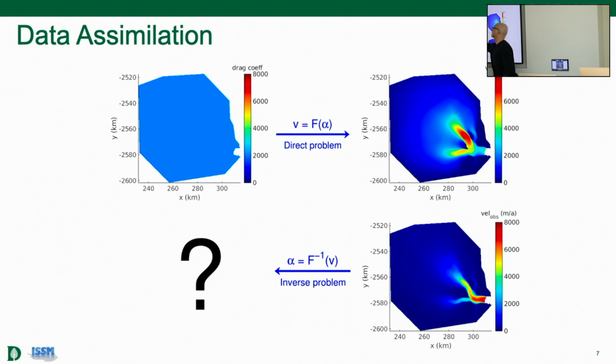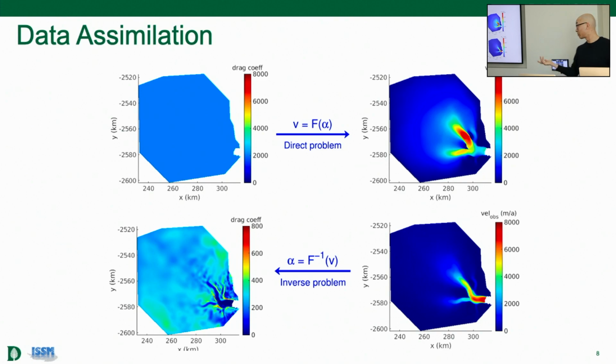We can just prescribe a basal drag or friction condition, and then solve for the ice velocity. But it doesn't really look like what we observed here. So then we need to do an inverse problem, which is a standard PDE-constrained optimization problem, to get a basal drag coefficient or friction coefficient.